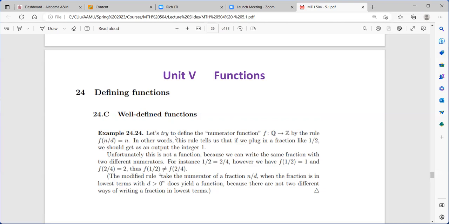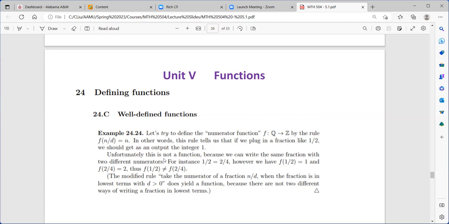So for example, if we plug in 1/2 for x, we should get 1 as the y value, because you just take out the numerator.